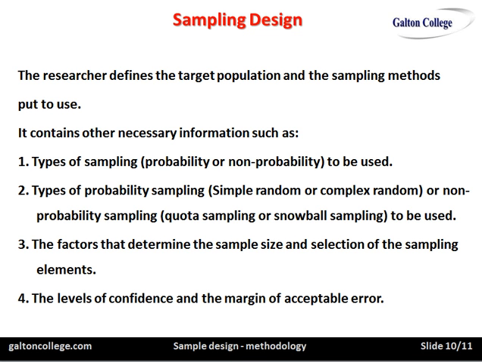And what levels of confidence and margin of acceptable error is agreed. If it is based on a sample, then what confidence interval should be acceptable? Is it 95%? Is it 99%? Is it 68%? What confidence interval is desired?